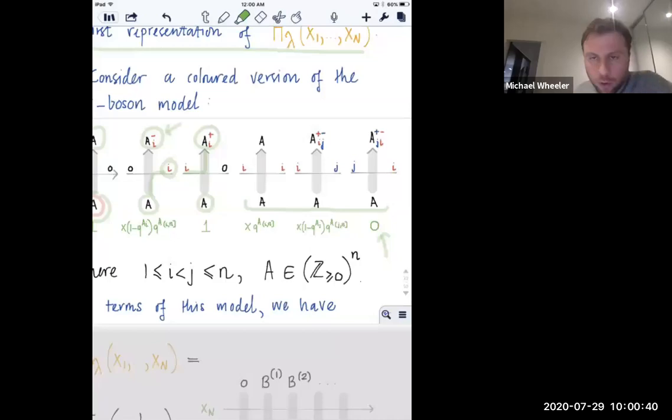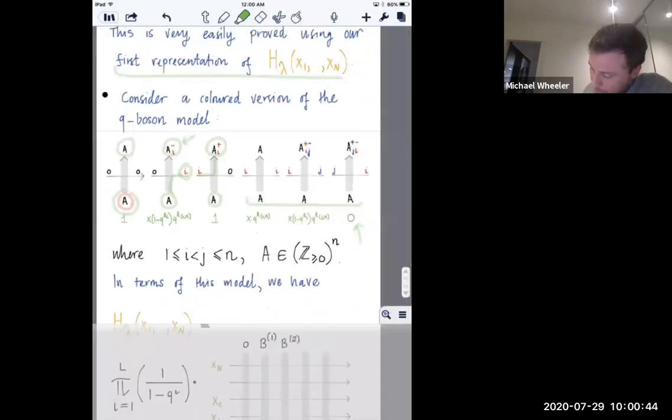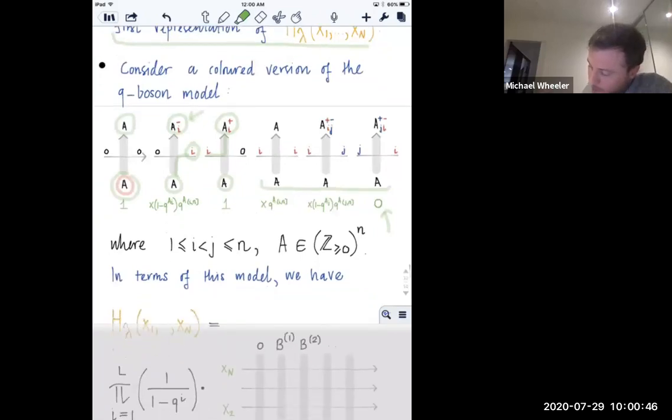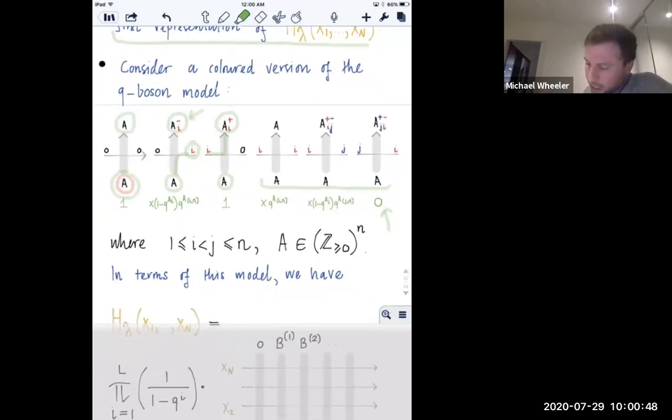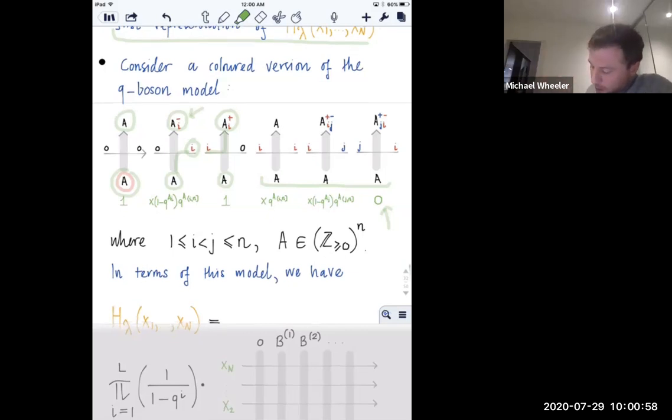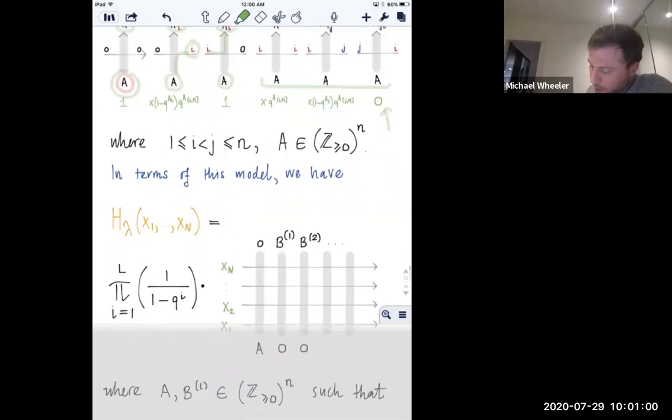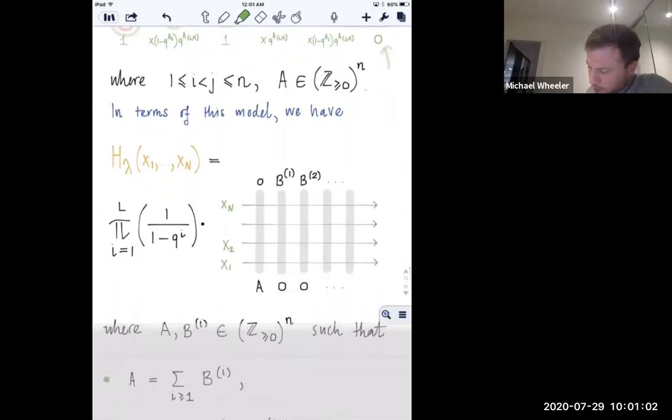So it's actually forbidden. Okay. So this is our model. And again, as I said before, this is the model that you get by doing the fusion of that colored stochastic 6-vertex model.